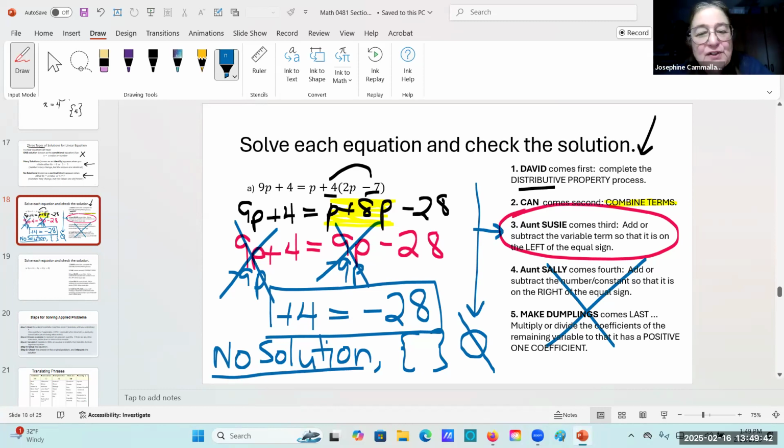Do not write your zeros with a line through it. If you have that practice, get out of it with algebra and any further math class, because a math instructor who sees a zero with a line through it means no solution. And we don't want a no solution here.